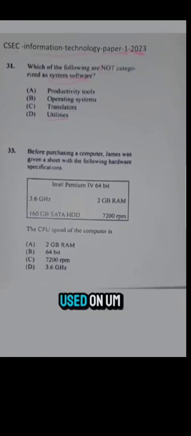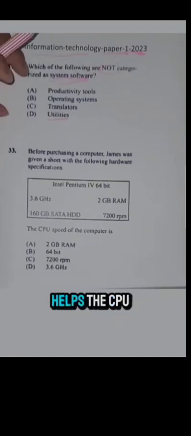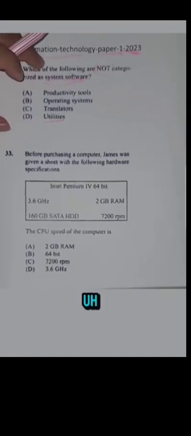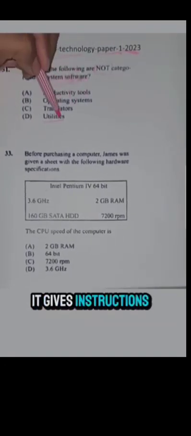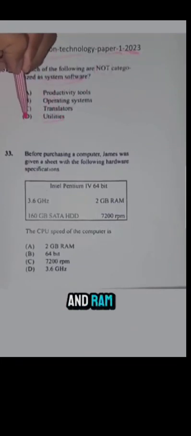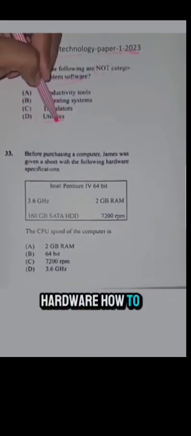Utilities. So utilities are software like your disk manager, your task manager. That helps the CPU, the memory, the RAM. It gives instructions for the memory and RAM, which is your hardware, how to interact.